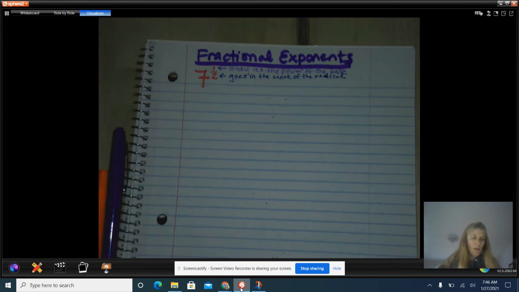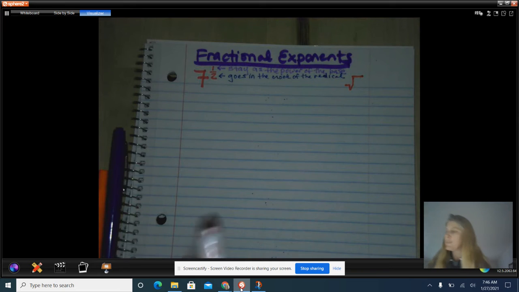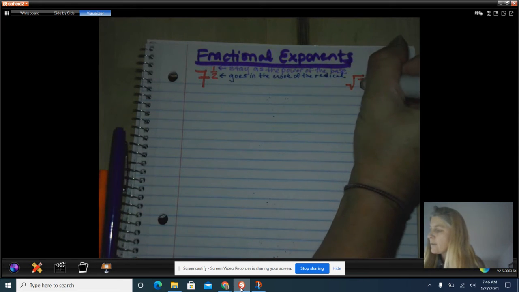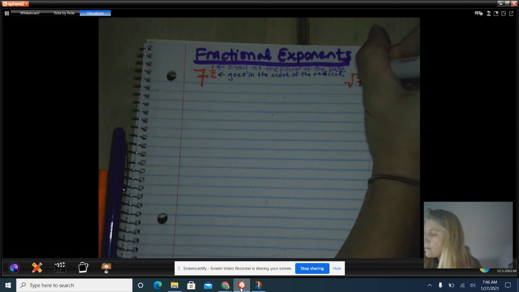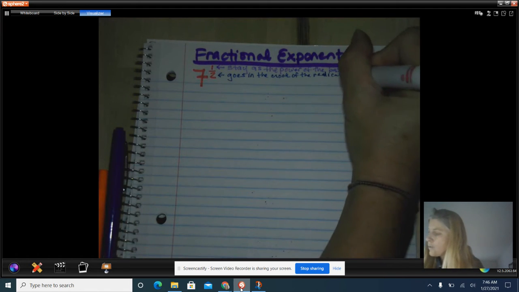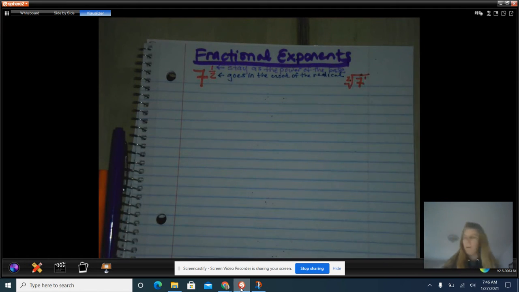Okay, so as we rewrite this, we're going to go ahead and make our square root symbol. Our 7 is going to stay underneath the square root. Our 1 is going to stay as the power, and the 2 is going to go into our crook.